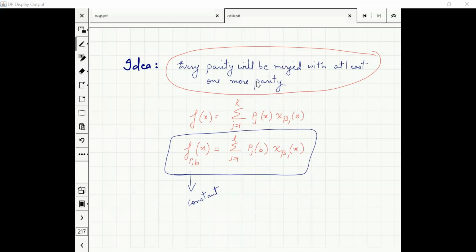All the non-trivial parities have to be matched with some other parity. If they were not matched, they were the only one in an equivalence class, that coefficient will still remain, that parity will still remain in my restricted function, and my function cannot become constant.